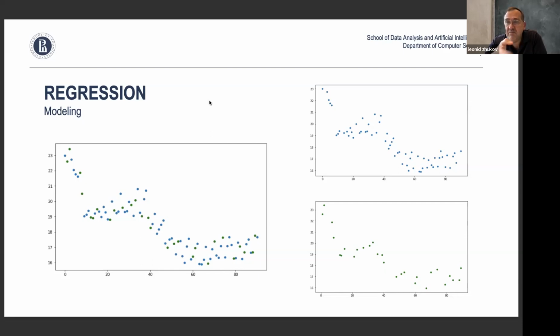The training set is blue and the test set is green. Ultimately, if I want to use a straight line as my model, the way it's going to work is we'll build a straight line that gives us the best fit to this data. For example, it's going to be this line.